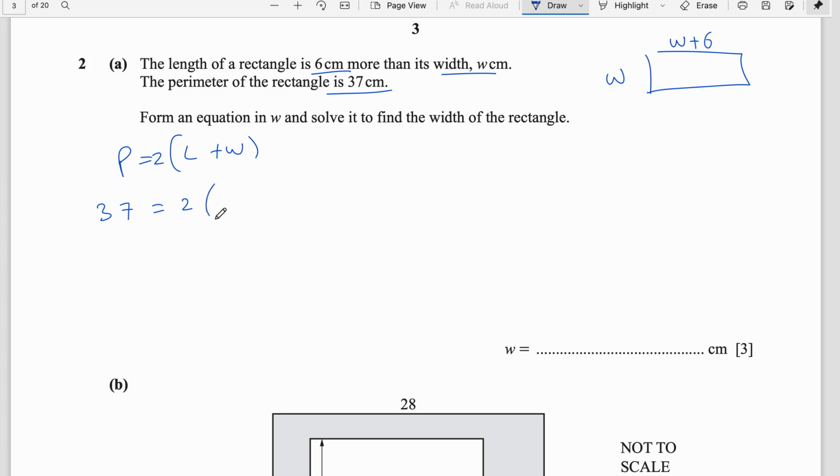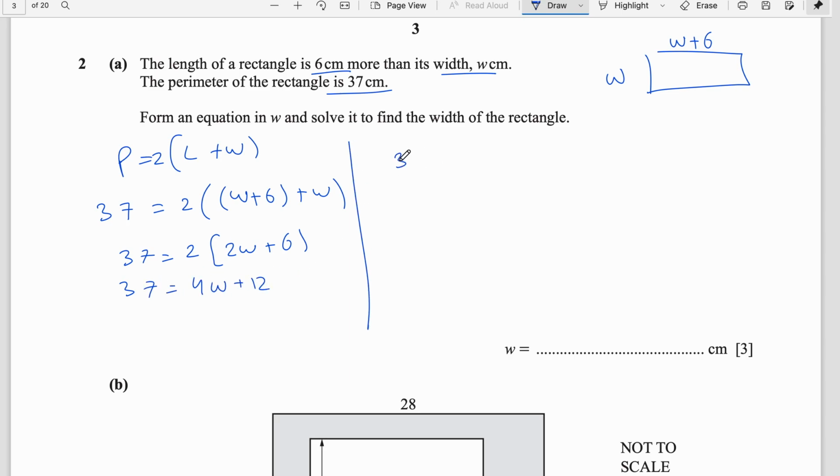Perimeter is 37, length is W plus 6, width is already W. 37 is equal to 2(2W plus 6). 37 equals 4W plus 12. So 37 minus 12 is equal to 4 times width. 25 is equal to 4 times width. 25 by 4, and you get 6.25 centimeters.